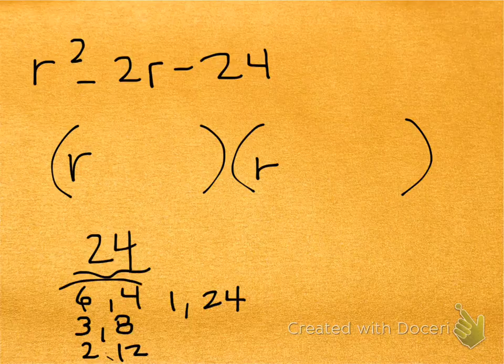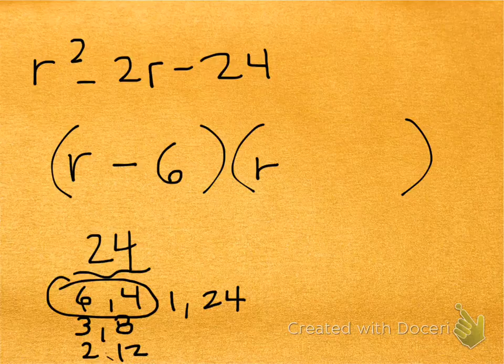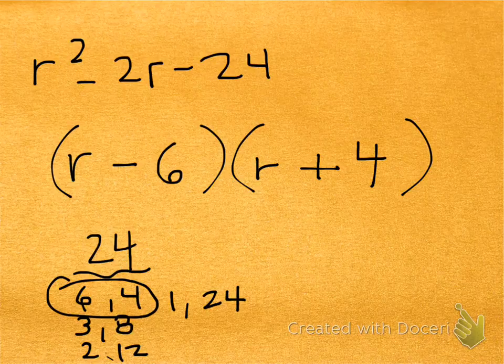So we're going to have to use 6 and 4, and we need a negative 2 and a negative 24. So the higher number has to be negative, and the smaller number needs to be positive, because negative 6 plus 4 is negative 2, and negative 6 times 4 is negative 24, which is our goal.